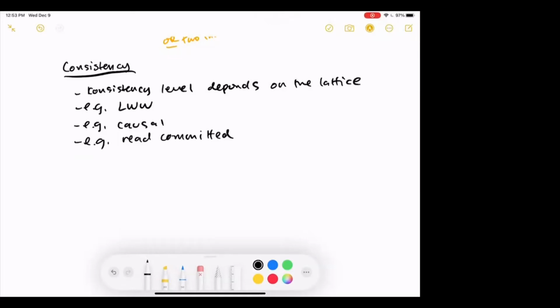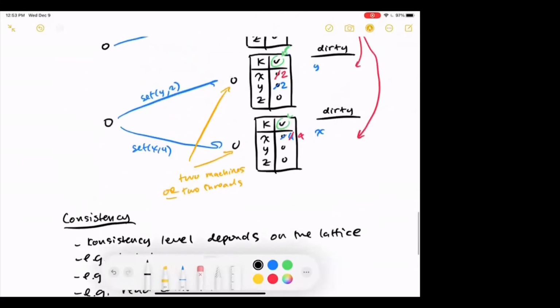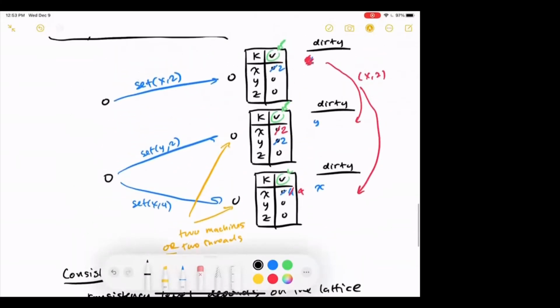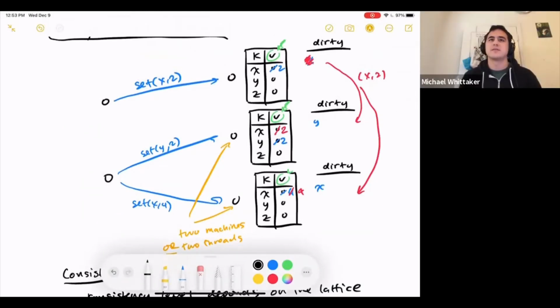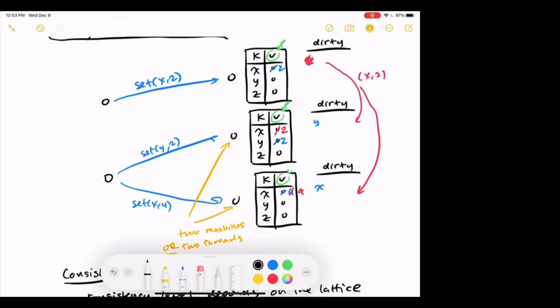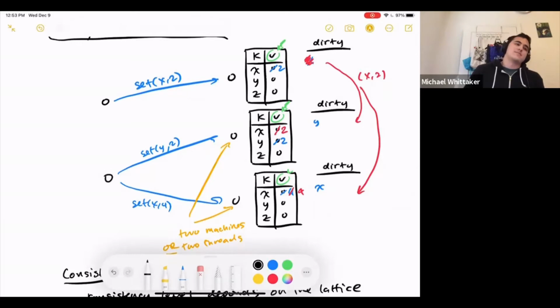I just wanted to add that this acknowledge for dirty values depends on the consistency level, at least in the case of Cassandra. Okay, that makes sense. So you're saying whether or not I ack is going to affect the consistency level? There you can choose for what number of replicas you wait before returning their response to the client. Okay, yeah.